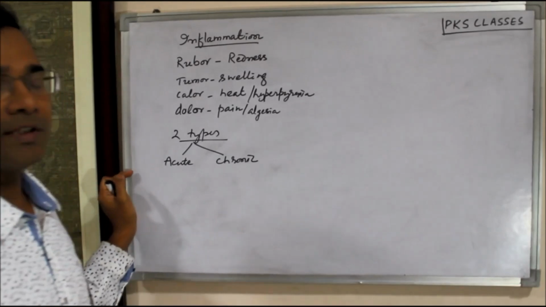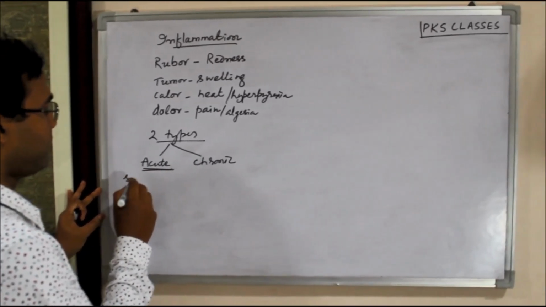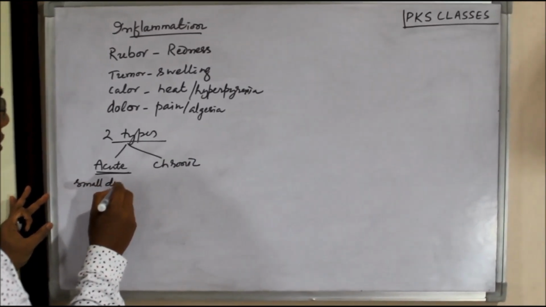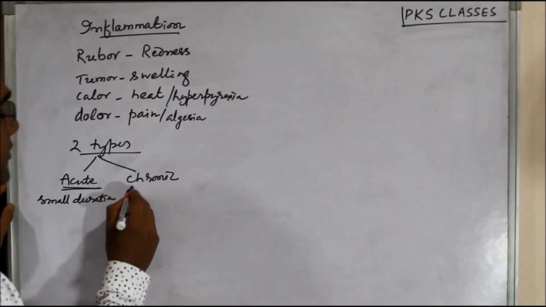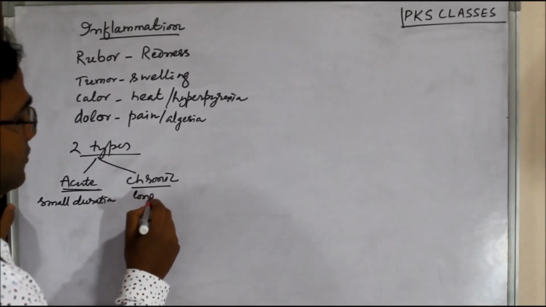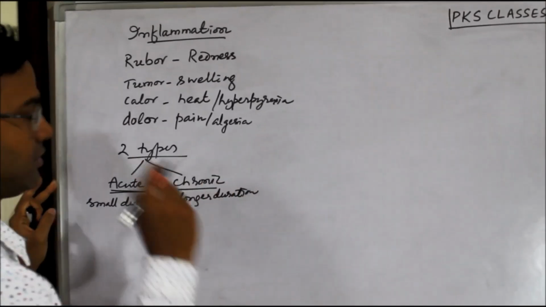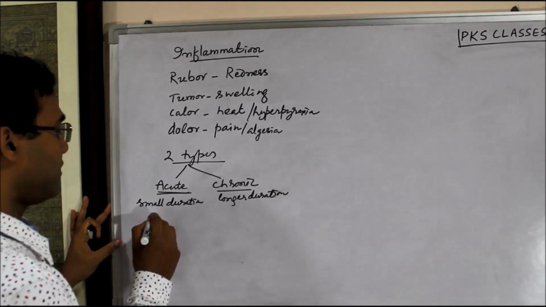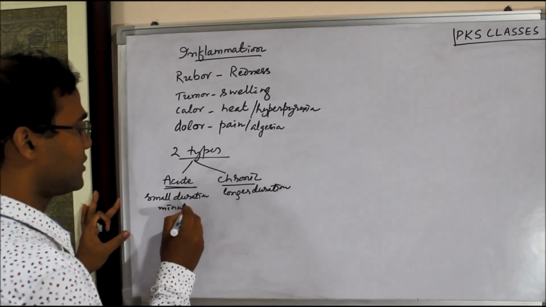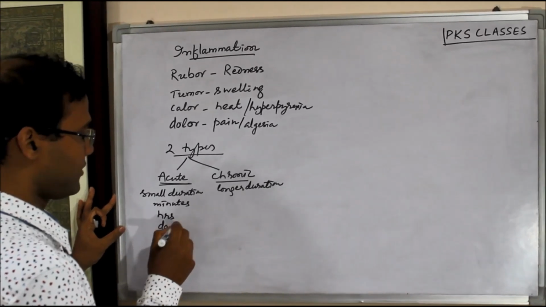And what is the difference? Acute, if it is for a small duration, then we call it acute. And if it is for a longer duration, then we call it chronic. Small duration means it may be a few minutes or few hours or even few days.